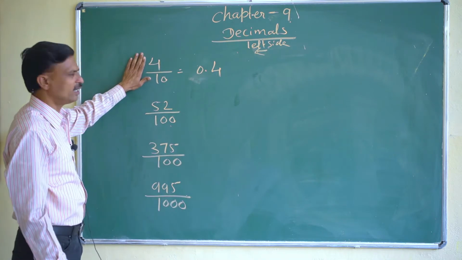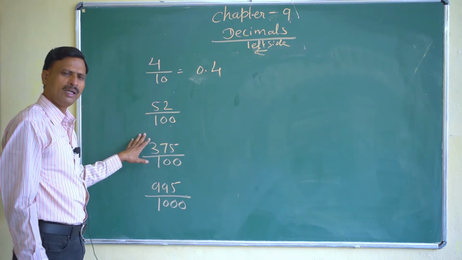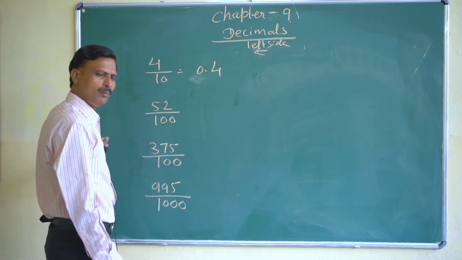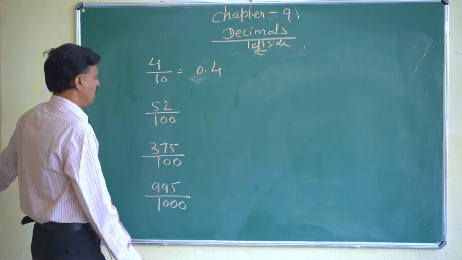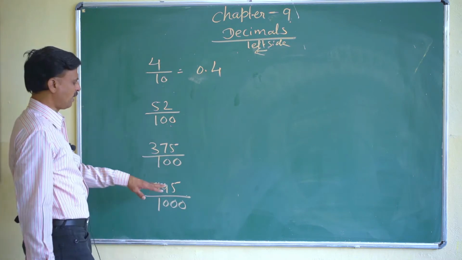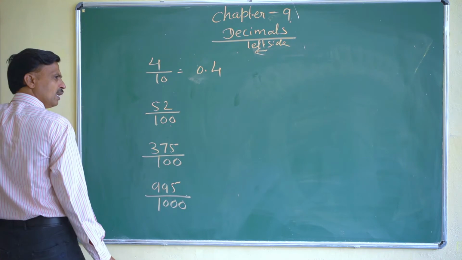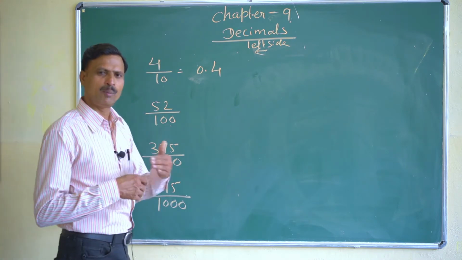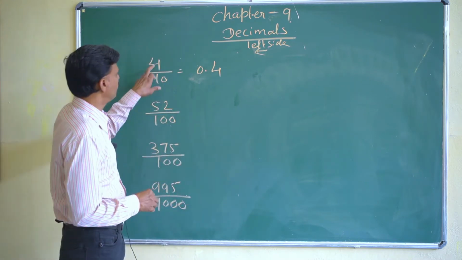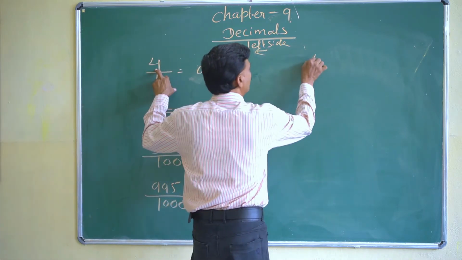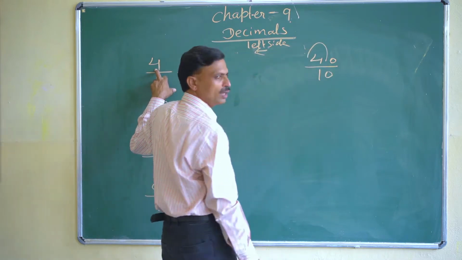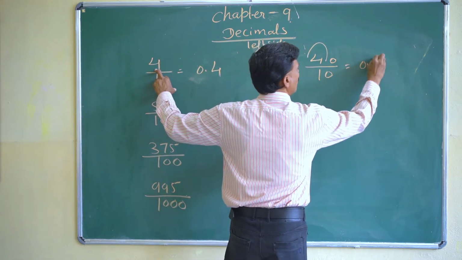If we divide by 100, the decimal will move left 2 digits, and if we divide by 1000, the decimal will move left 3 digits. If we divide by 10,000, the decimal moves left 4 digits, etc. Here 4 means 4.0, and divided by 10 the decimal will shift 1 digit toward the left side. That's why its value is 0.4.